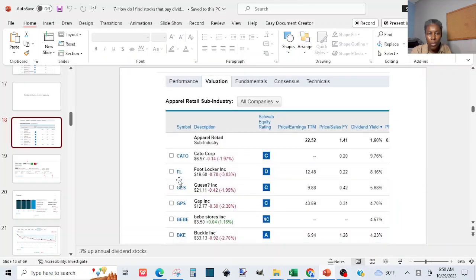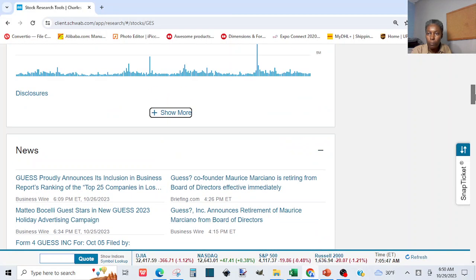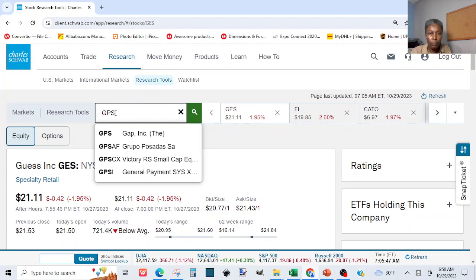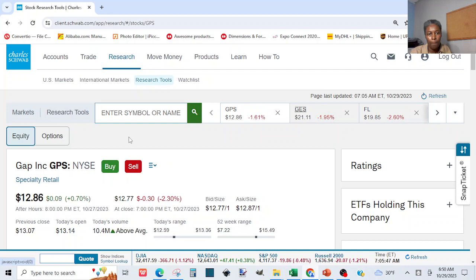So far we have FL, that is a yes. And now let's do GAP, GPS. Gap passed the third criteria, New York Exchange.